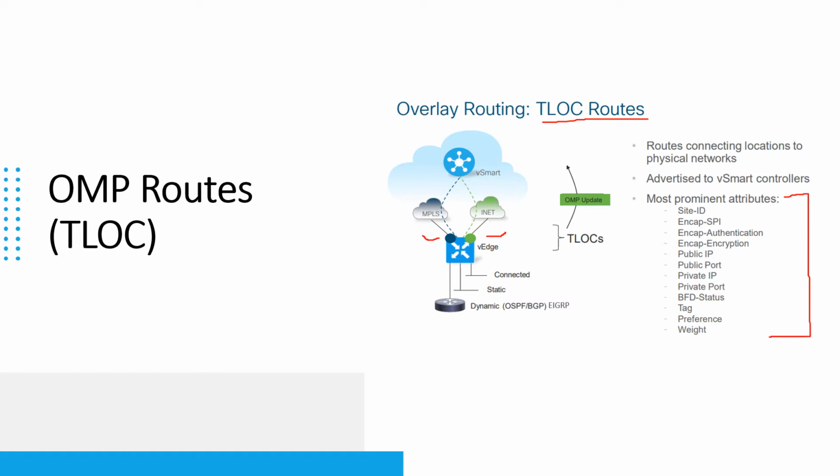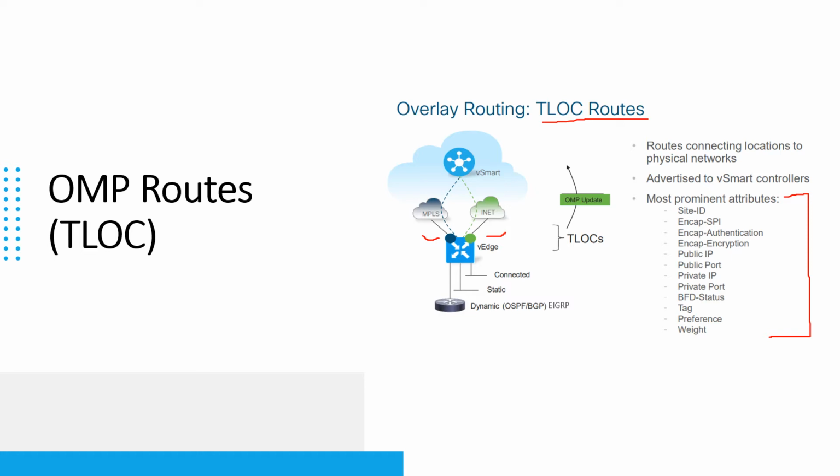And that information goes along with these attributes. The first attribute is going to be the site ID, since we know every site is going to have a unique ID within the network. Then encapsulation SPI, encap authentication type, encap encryption, what is the public IP address versus the private IP address, and similarly the public port versus the private port. If you are doing some sort of NATing, all those things come into the picture.